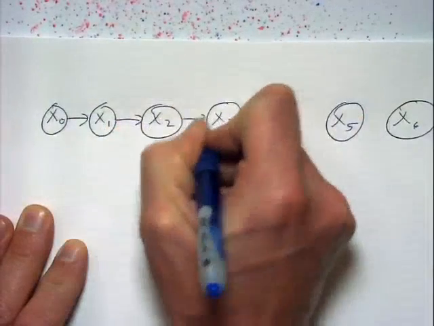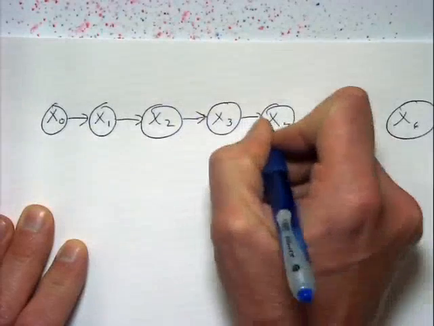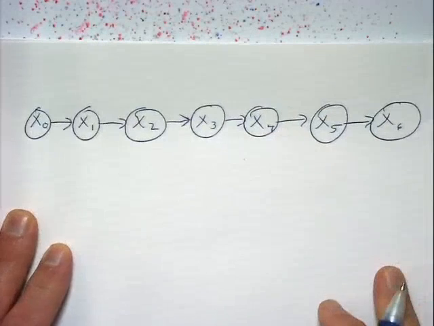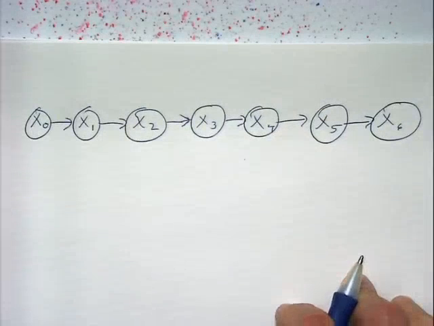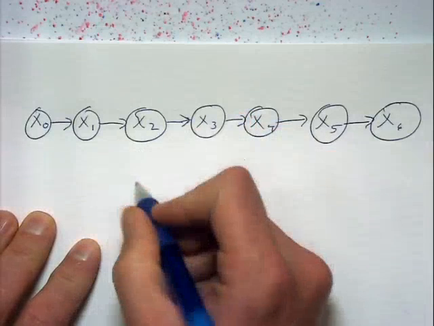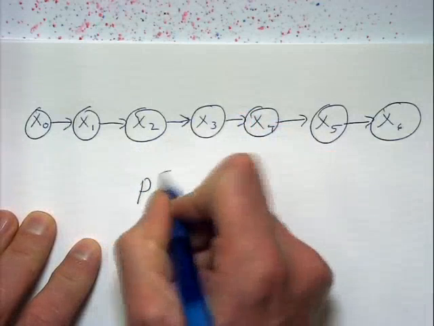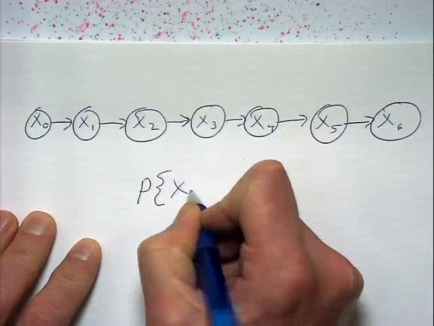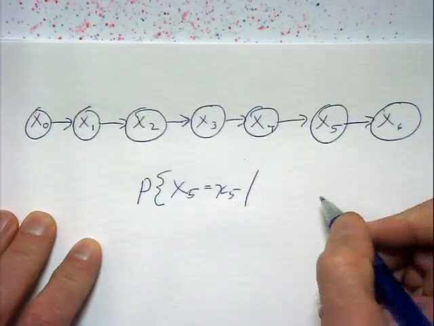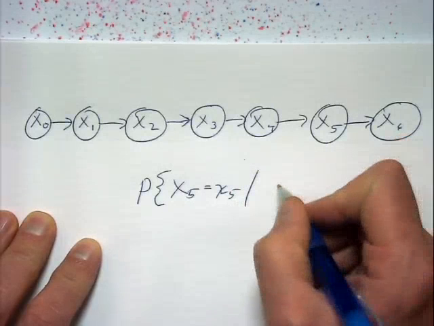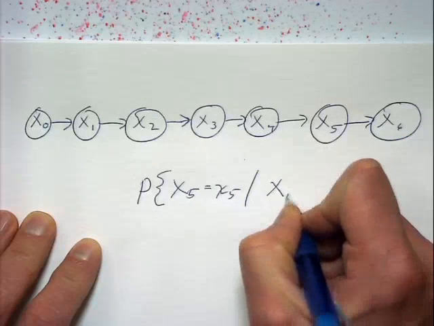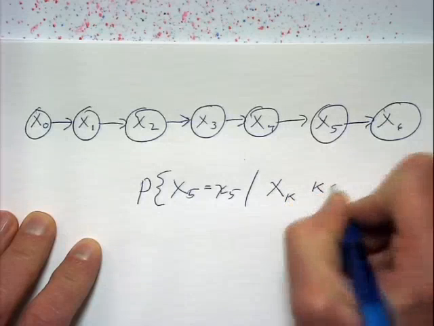Let's say you want to look at the conditional distribution of, say, X5 equals something, little x5, given X_r for r less than 2.